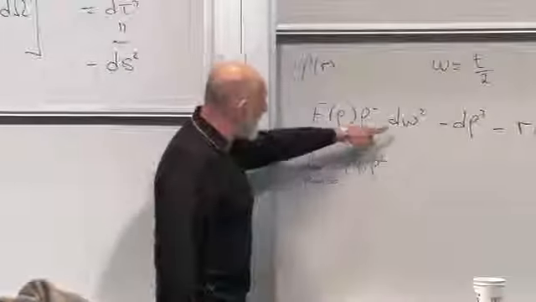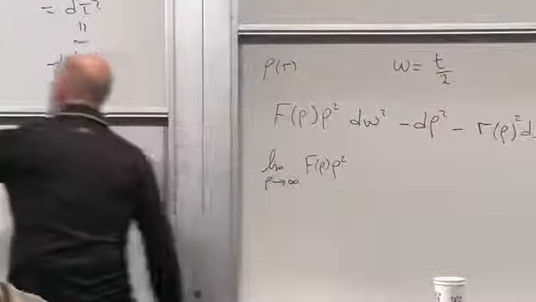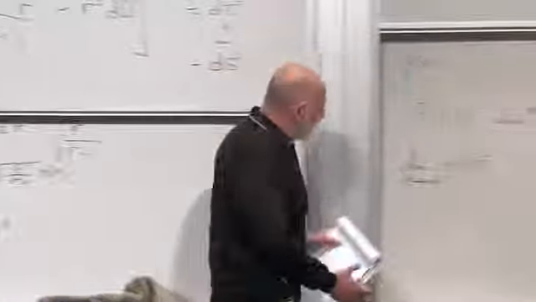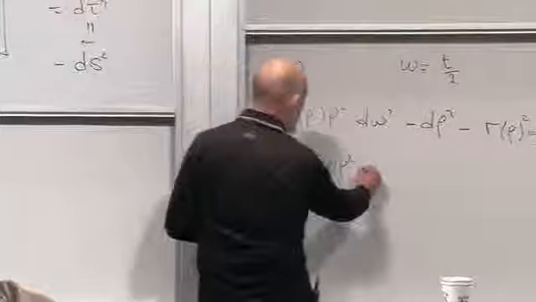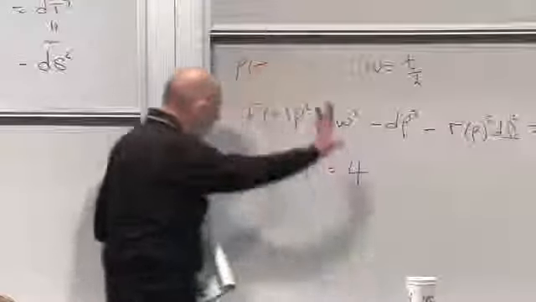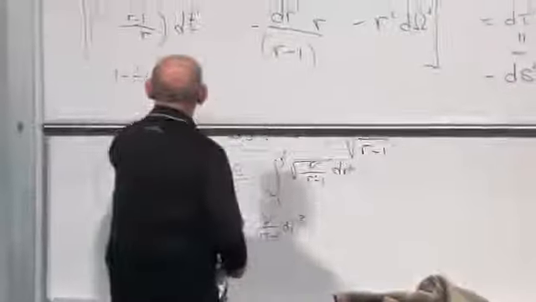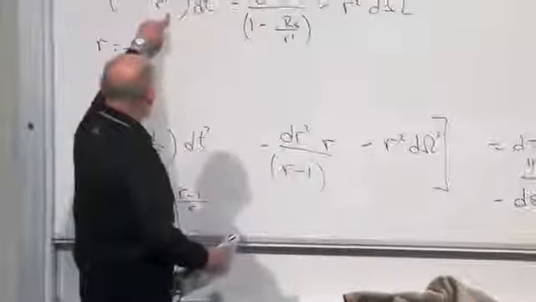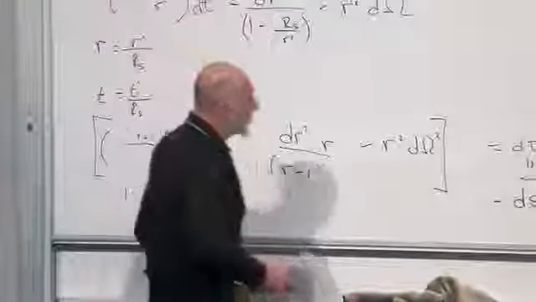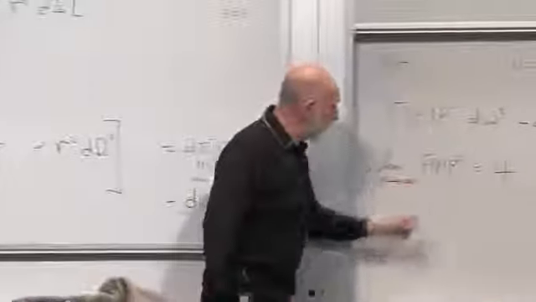Not quite 1, because the omega squared is not quite dt squared. It differs by a factor. What you find is that this is equal to the number 4. So far away, f of rho times rho squared is just equal to 4. That just reflects the metric far from the black hole.